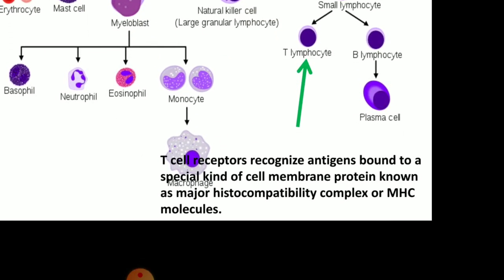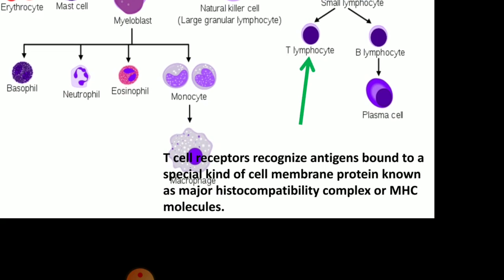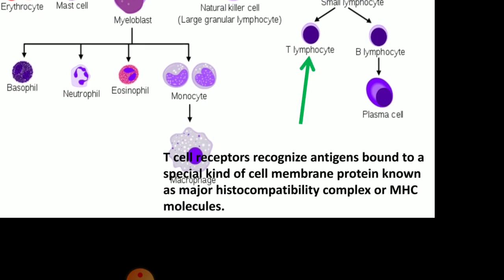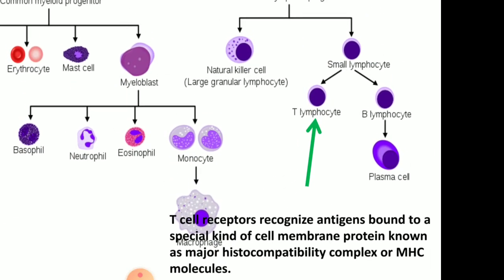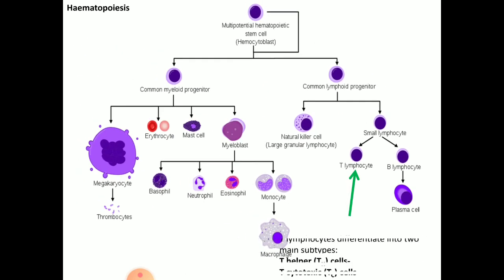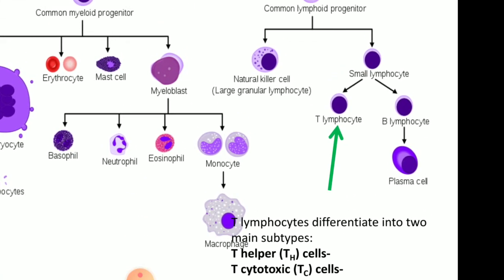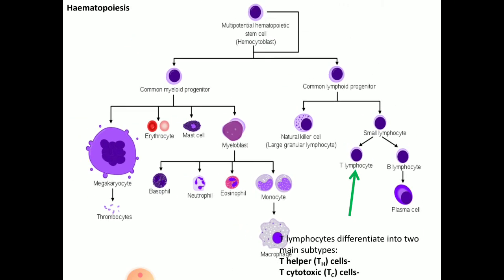These receptors recognize antigens bound to a special kind of cell membrane protein called major histocompatibility complex or MHC molecules. Lymphocytes differentiate into two main types, the helper T cells and cytotoxic T cells, and in addition, memory T cells are also produced.